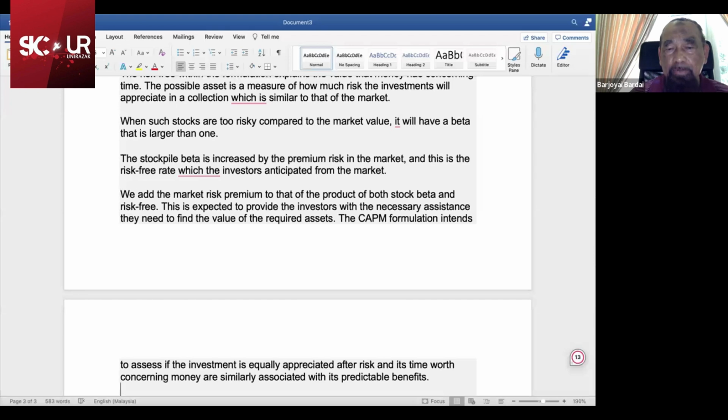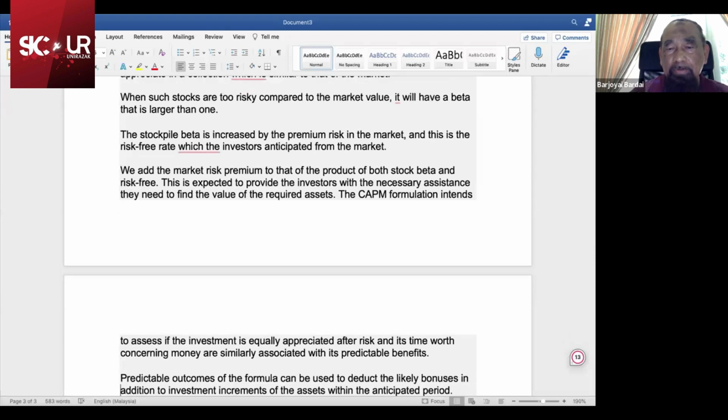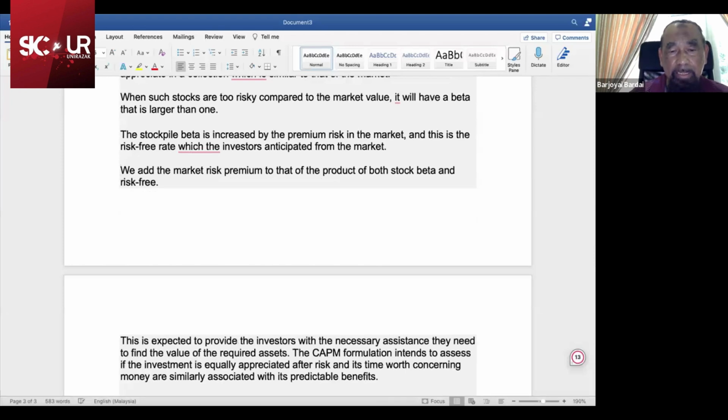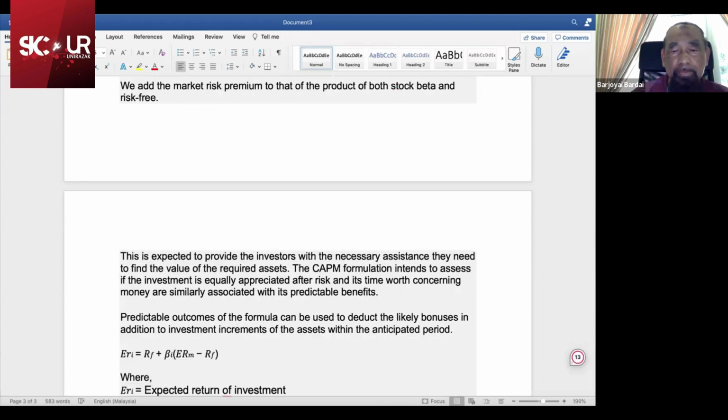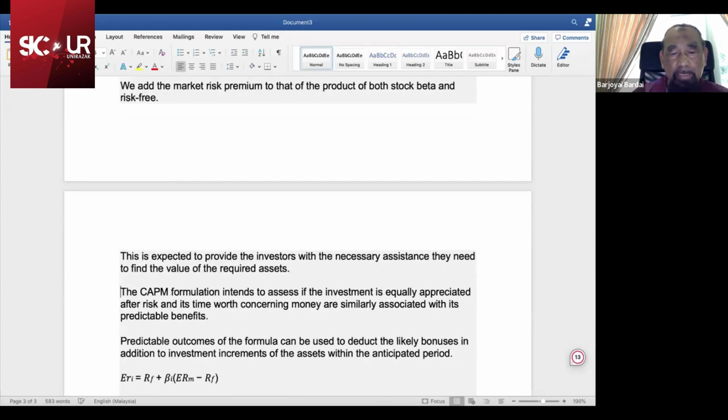This is expected to provide the investor with the necessary assistance to find the value of the required asset.